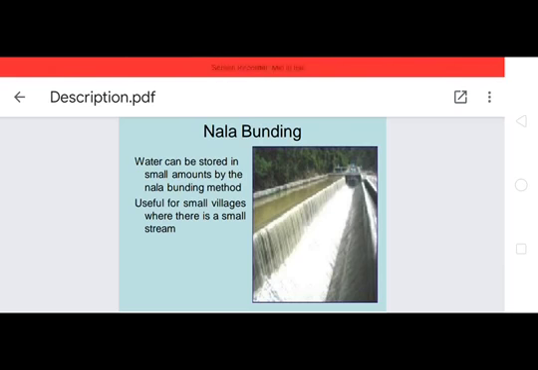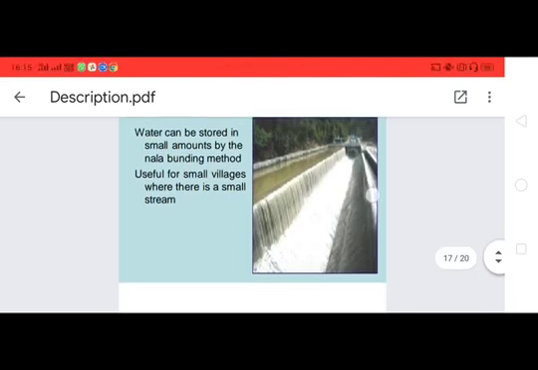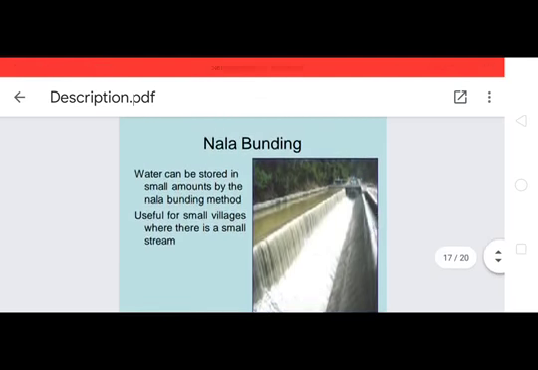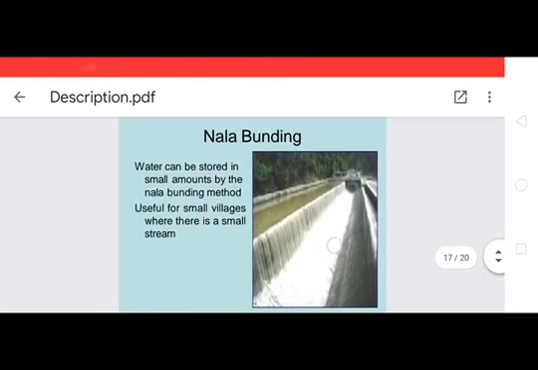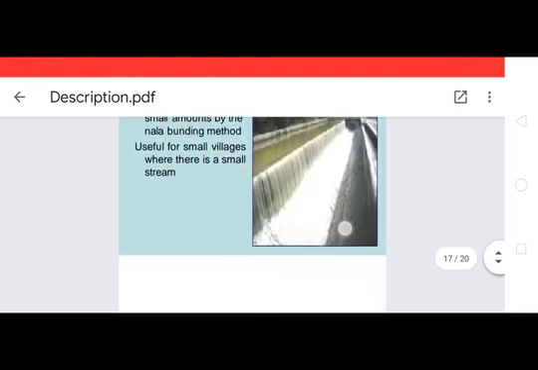It is constructed along the path of water flow, so that the velocity of the water or the path of the water is interrupted and water suddenly flows from a height, so that much of the water is captured here and used for various purposes when the rainy season is gone.